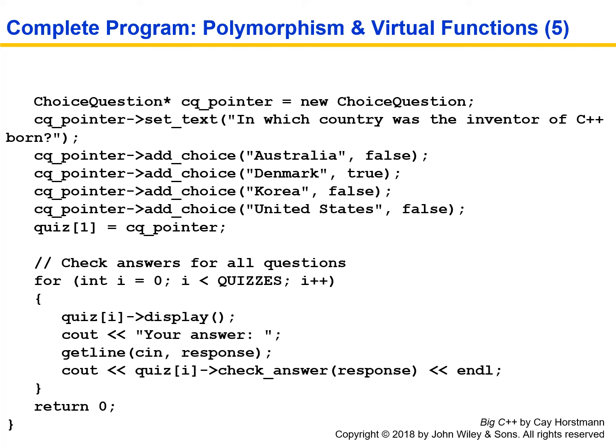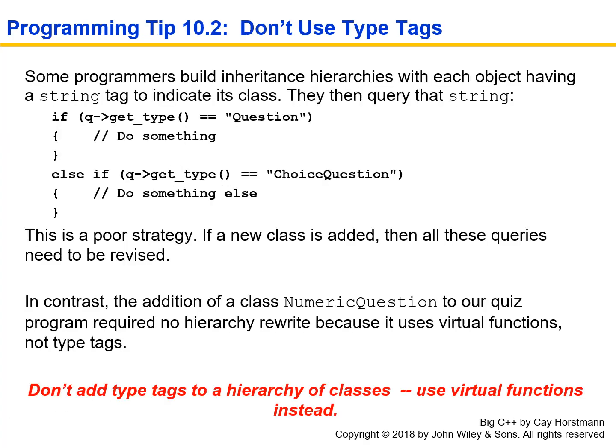Then we check answers for all the questions. For i equals 0, i less than quizzes, i plus plus: quiz at i arrow display, get the user's answer, quiz at i arrow check answer. We'll call the appropriate display and check answer functions for that derived class, or for the base class if that's what it is.